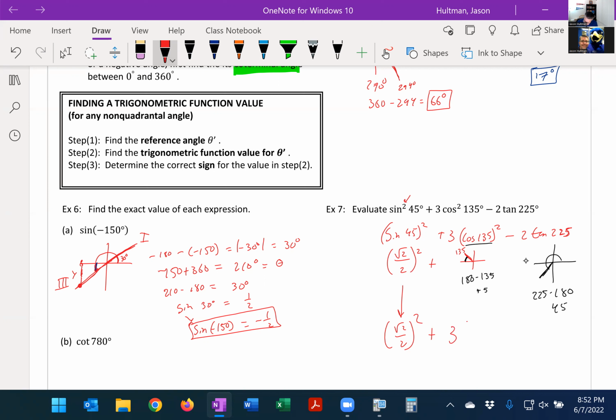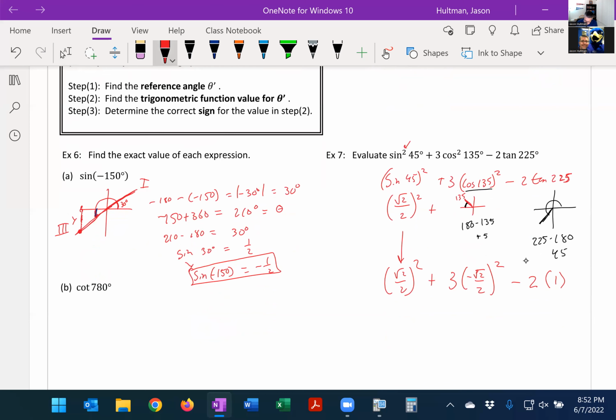And so this is 3 times negative radical 2 over 2 squared minus 2. Now, what's the tangent of 45? Well, the tangent of 45 is 1. But what about in the third quadrant? Well, cosines are negative, sines are negative, but tangents are positive. And so this becomes 2 times 1.